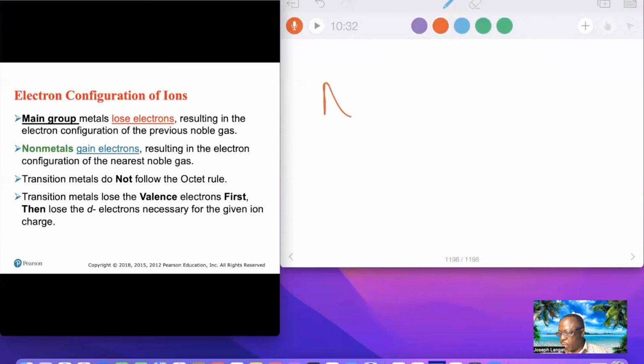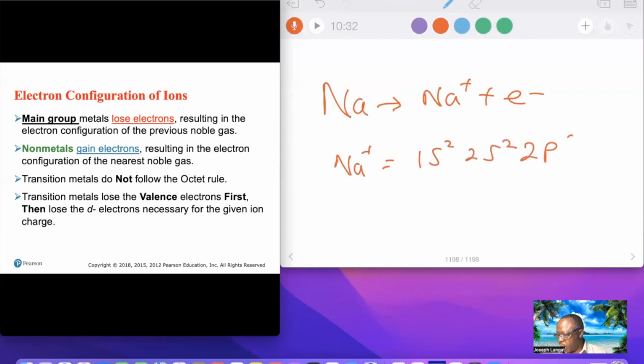For example, sodium will lose its one valence electron, Na+. The electron configuration for Na+ will be just 1s2, 2s2, 2p6. This is the same as the electron configuration for neon. It's just going to be Ne.